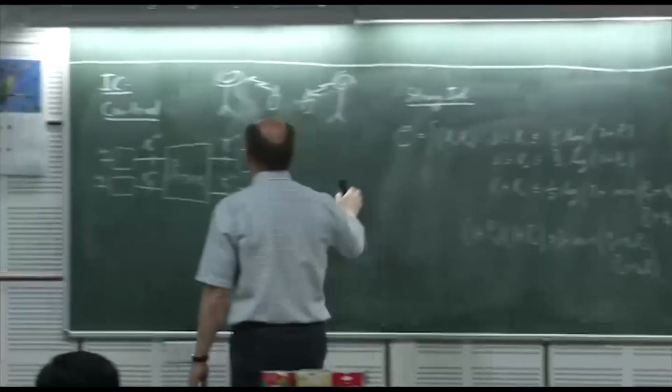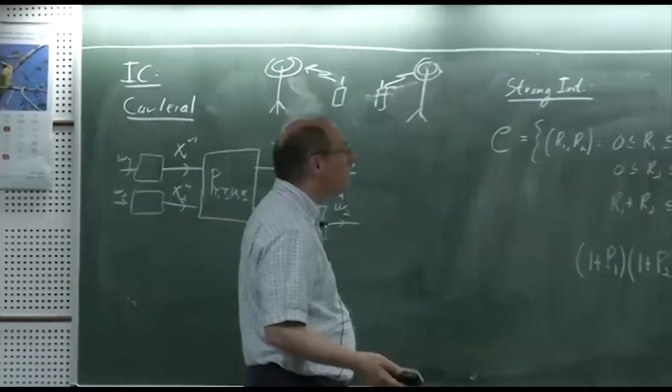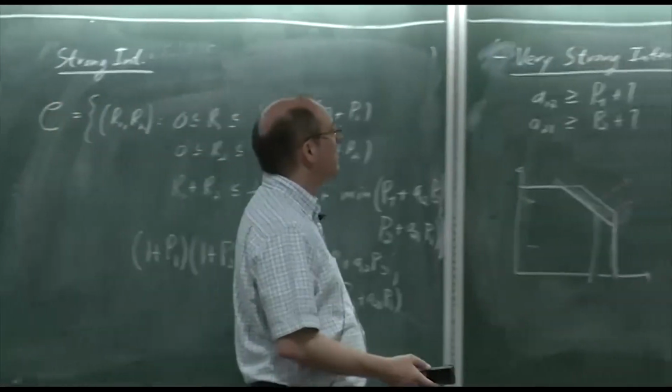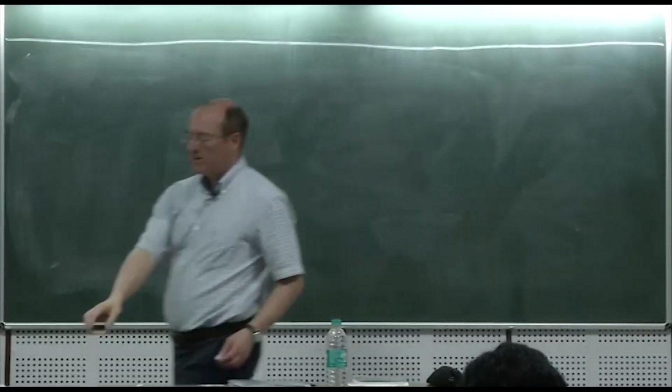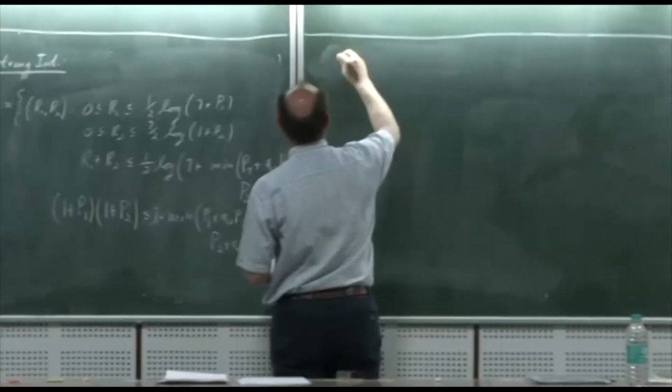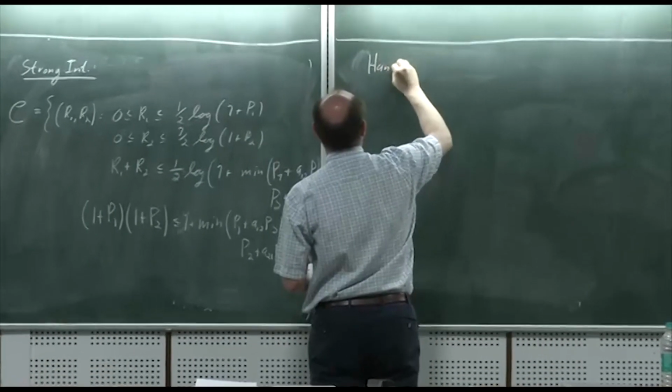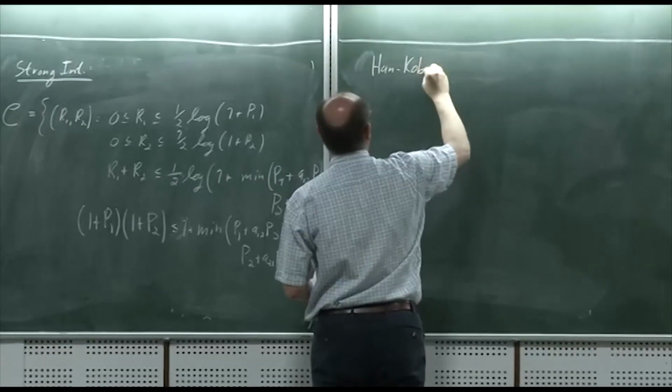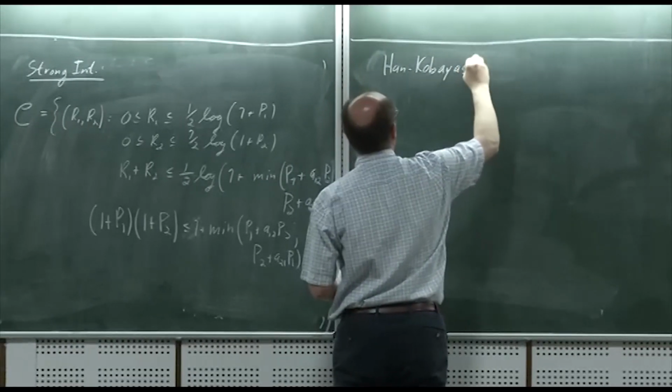So this brings me now to the Han-Kobayashi region. Okay, so the idea of the Han-Kobayashi region is to combine many things together and add rate splitting. In fact, Carlisle already had something similar.